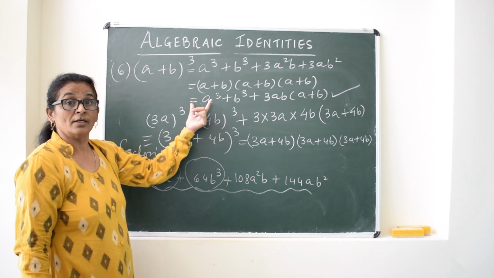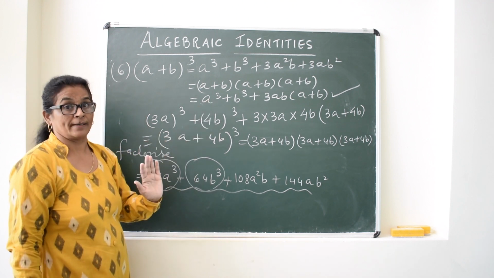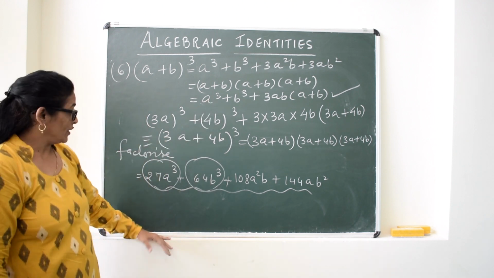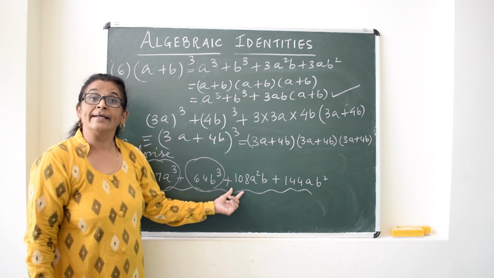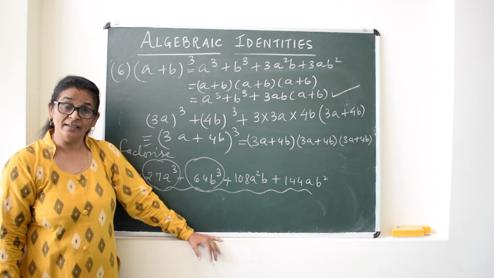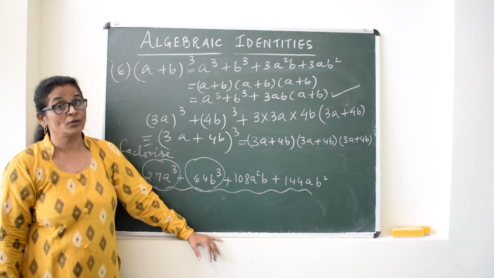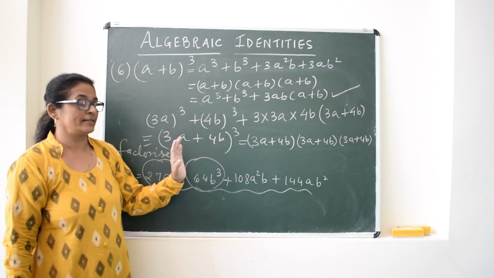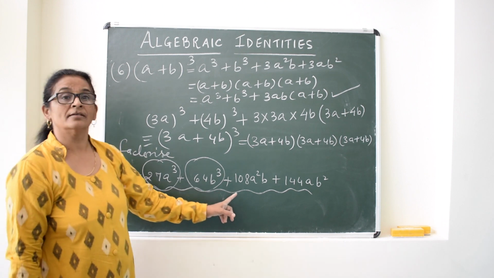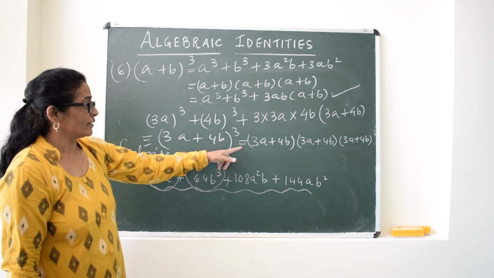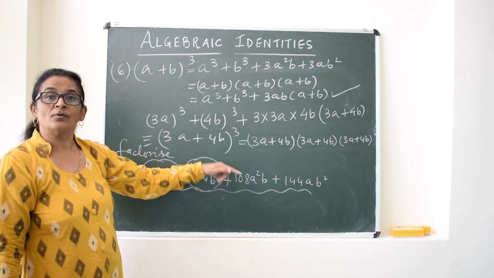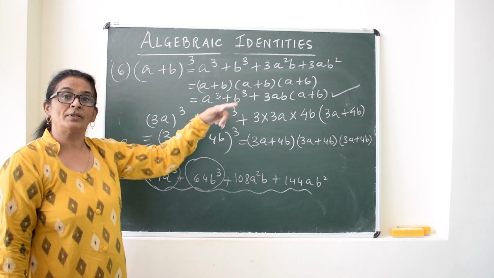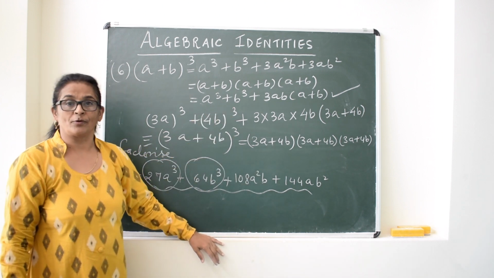Here from RHS to LHS we are doing. Similarly, if we have two terms negative, then in place of (a + b) the whole cube, it will come (a - b) the whole cube. So exactly like this, if the second and the third terms are negative, the factors will be (3a - 4b) into (3a - 4b) into (3a - 4b).